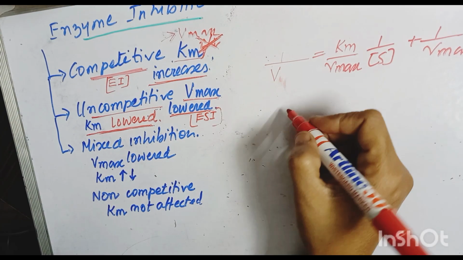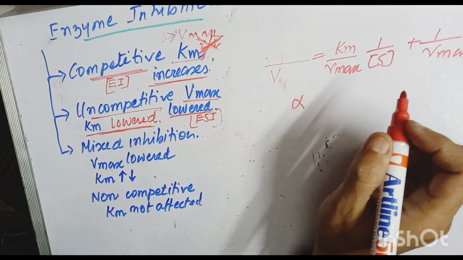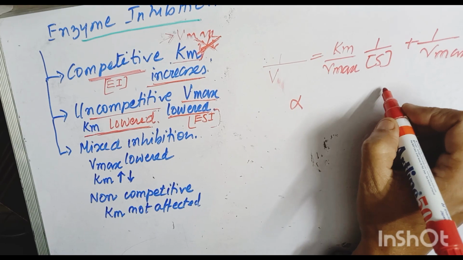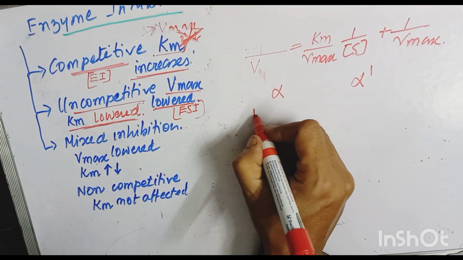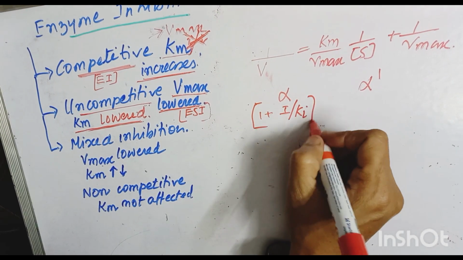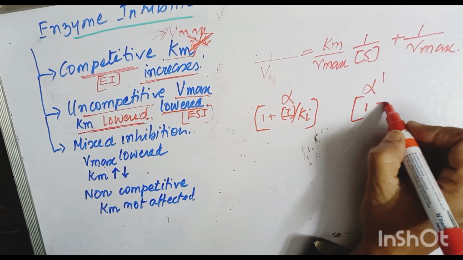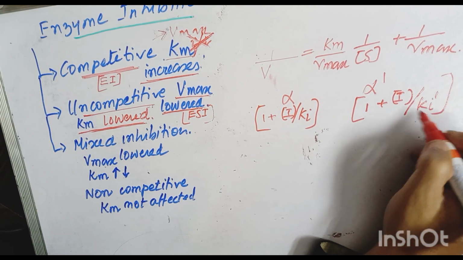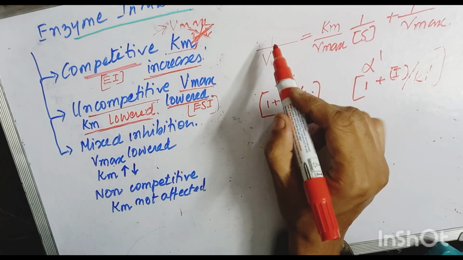In competitive inhibition, we saw an increase or decrease of the parameters by alpha, and in uncompetitive inhibition, we saw the parameters Km, Vmax increase or decrease by alpha dashed. Alpha was 1 plus I by Ki, and what was alpha dashed? Alpha dashed was 1 plus I by Ki dash. Both alpha and alpha dash were factors greater than 1.